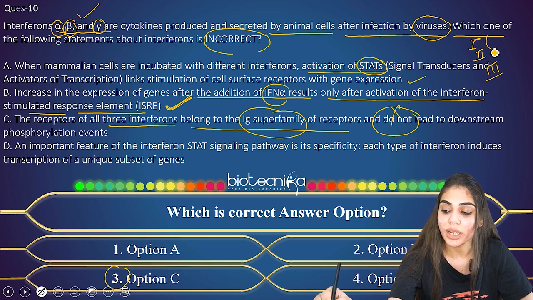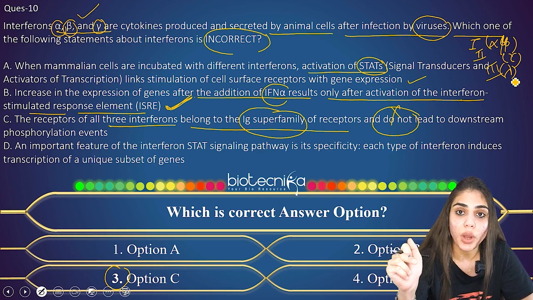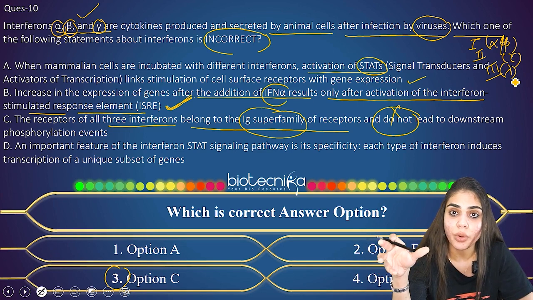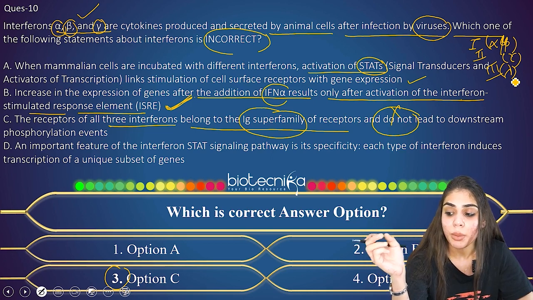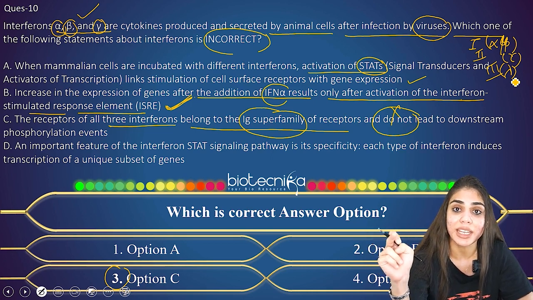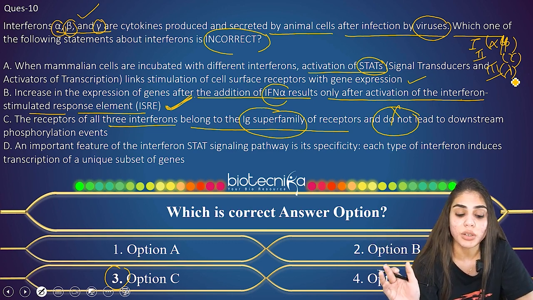Class 1 includes alpha and beta, second includes gamma and third includes lambda. If you see interferon 1 and interferon 3, they are going to induce similar proteins. But interferon second class, which includes interferon gamma, induces a distinct set of genes.